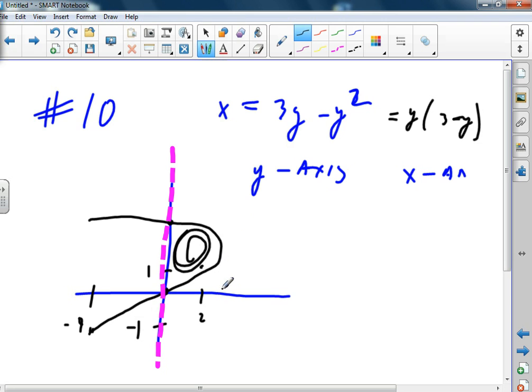And it looks like that point's at 3, when y is 3 I go through 0. But what's the biggest point out that way? Oh boy. Maybe if I had a graphing calculator.